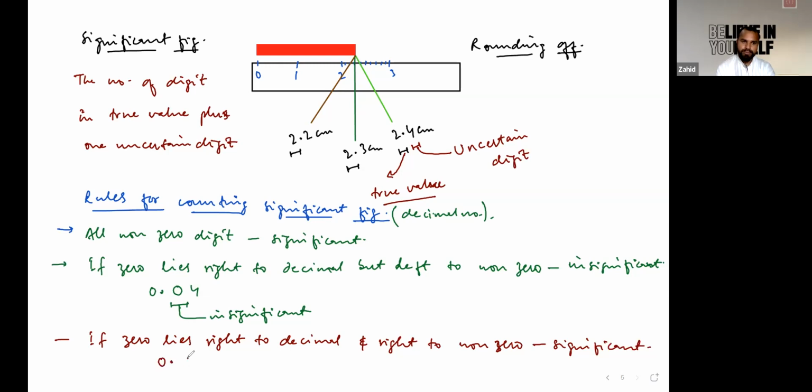Like 0.40. So this 0 is right of the decimal and right to this particular non-zero digit. So these two digits will be significant. Just write it down or ask if you have any doubt in this whole part.